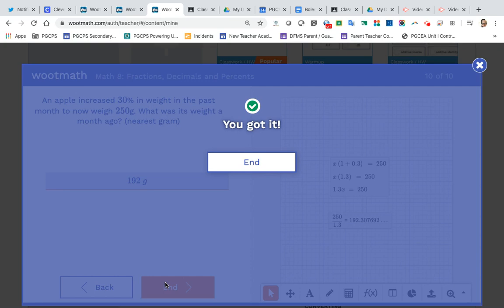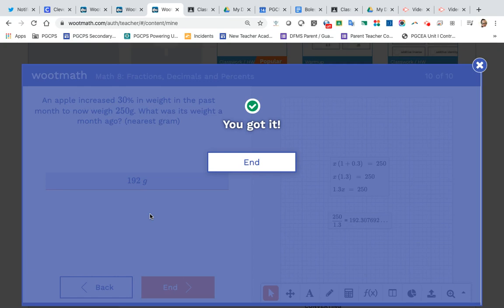What's most important is that you show your work on the scratch pad. If you show your work and you put your units and they say that you got it wrong, then we will vouch for you. If you don't put your units and they say you got it wrong, then we cannot vouch for you. So it's best to put G because that's the way they had it in the problem.